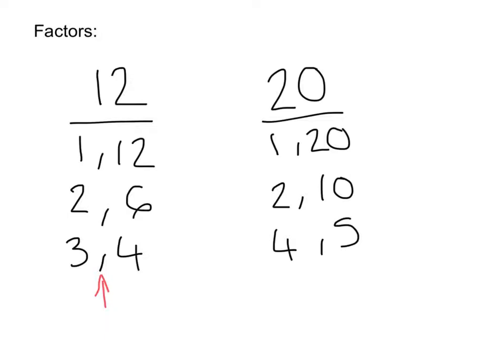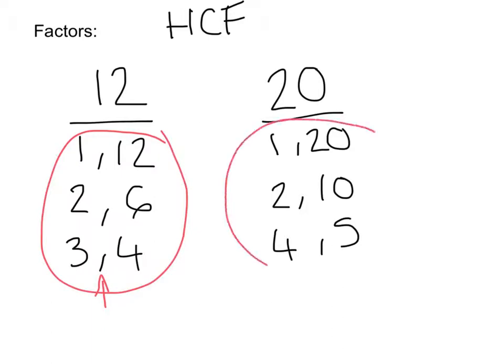Now you also might hear in maths quite a lot the highest common factor. So if I was looking for the highest common factor of 12 and 20, it's the largest number that appears in both the factors of 12, which are these numbers, and the factors of 20, which are these numbers.